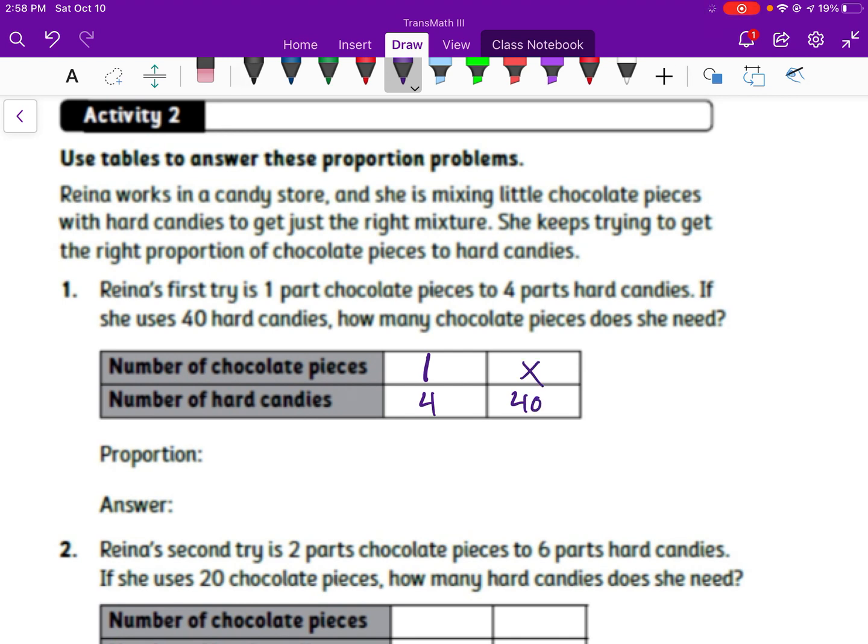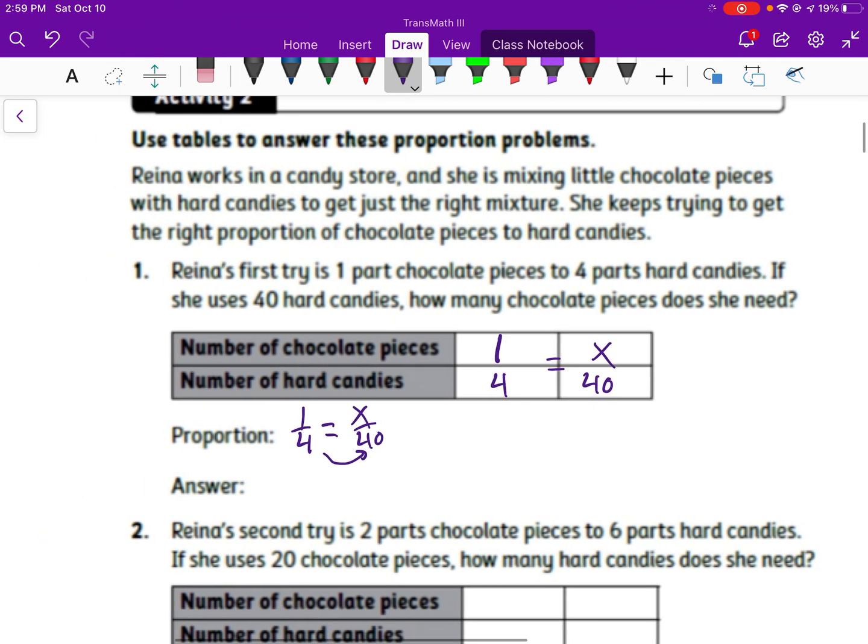We represent x again because we don't know that. So we're just going to take 1 over 4, set that equal to x over 40. Using our horizontal strategy here, times 10, times 10, because 4 times 10 is 40, so 1 times 10 is 10. So she needs 10 chocolate pieces.